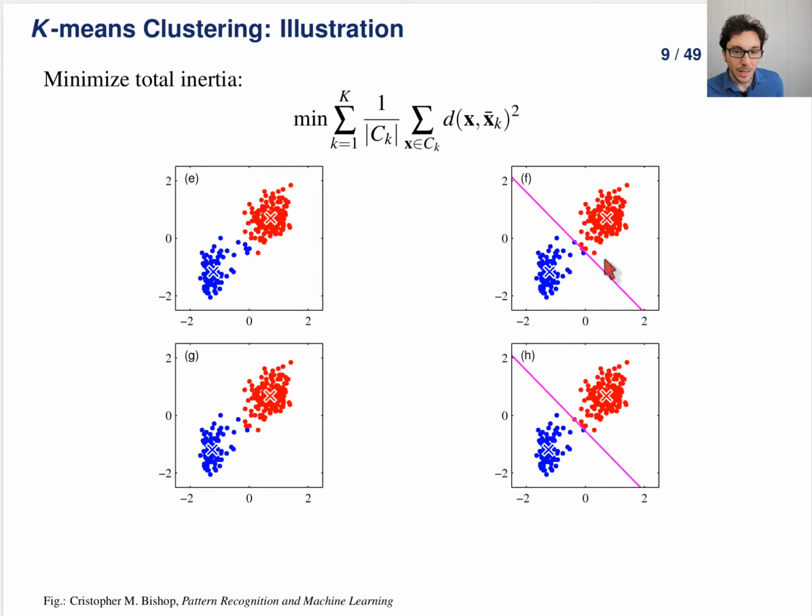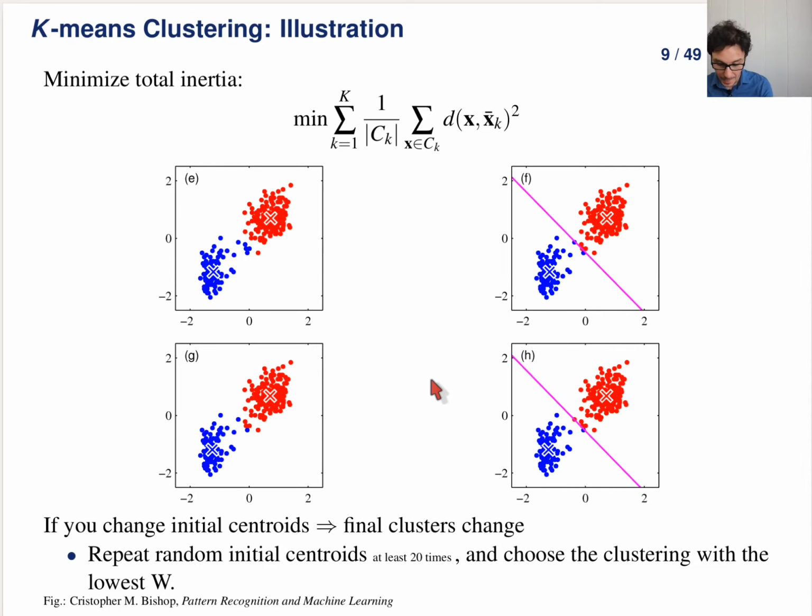So you will have just minimal movement of centroids and minimal changes in assignment of points to centroids. So at the end you will converge toward a final clustering. And in this case, these are the two clusters we have found.